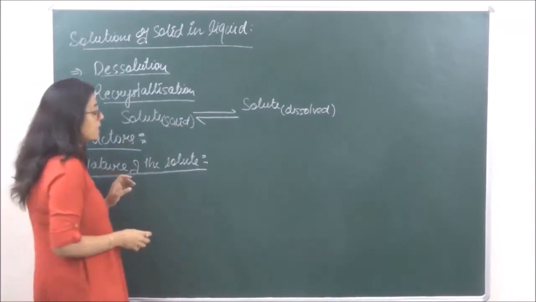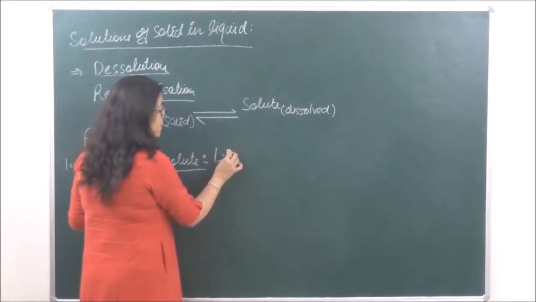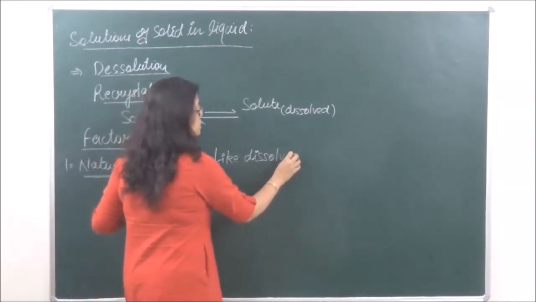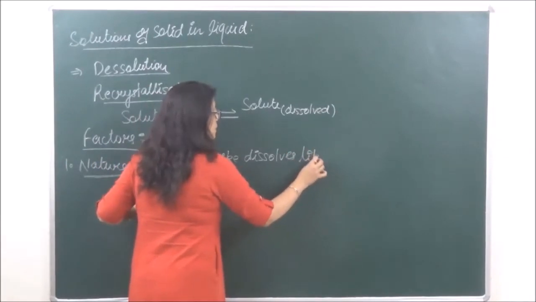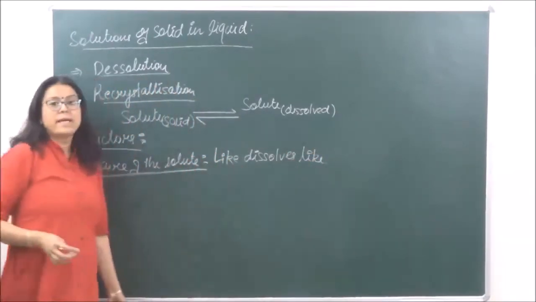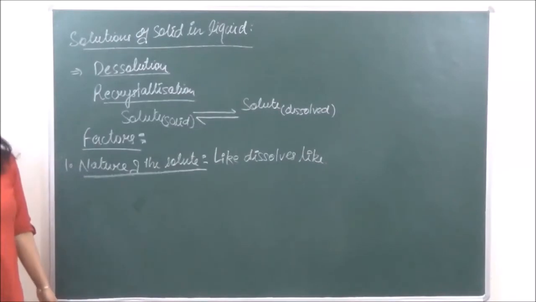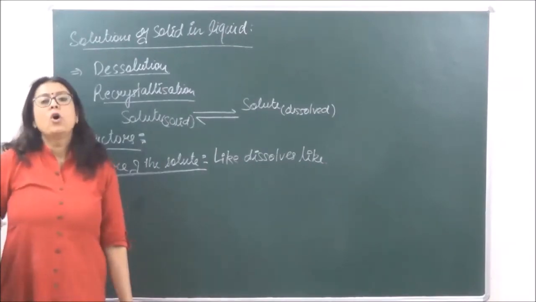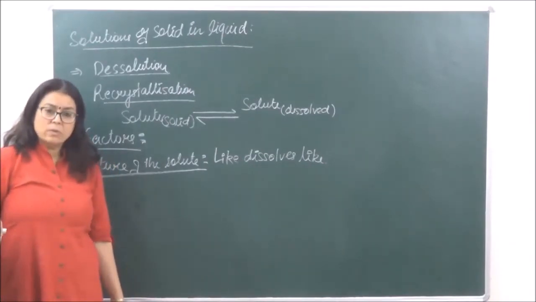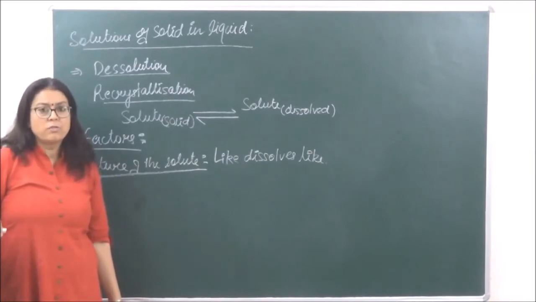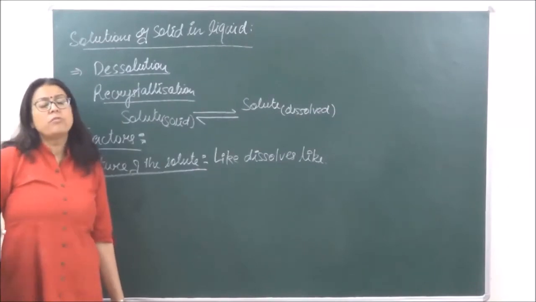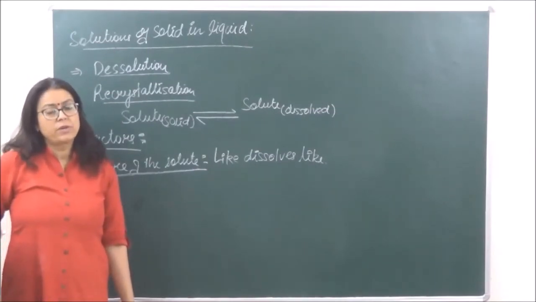Now we know that in chemistry there is a principle: like dissolves like. Like dissolves like means that if we are taking a polar or an ionic solute, that will dissolve in an ionic or polar solvent, and if we are taking a non-polar solute, that is going to dissolve in a non-polar or organic solvent.